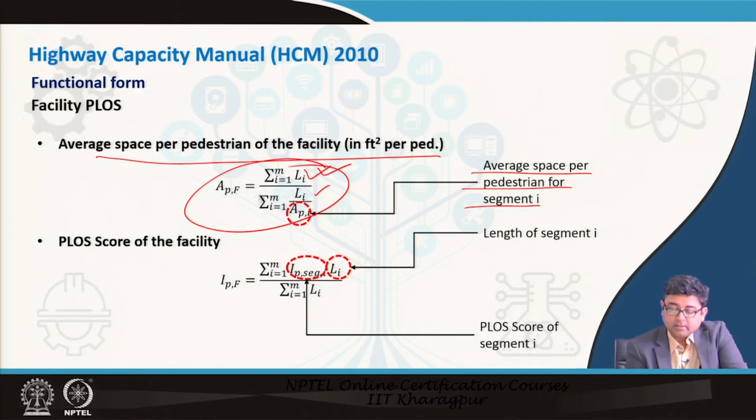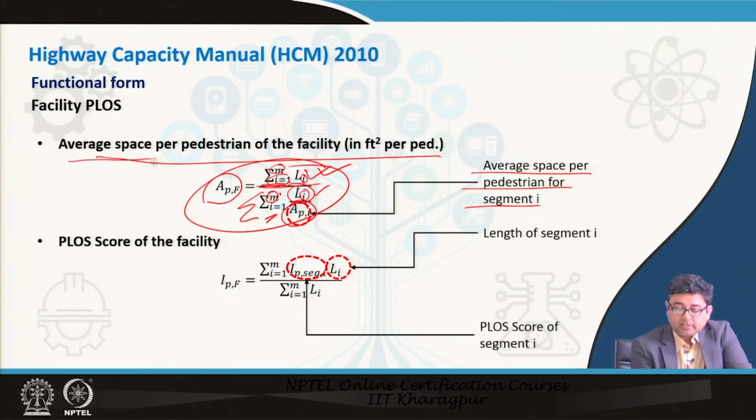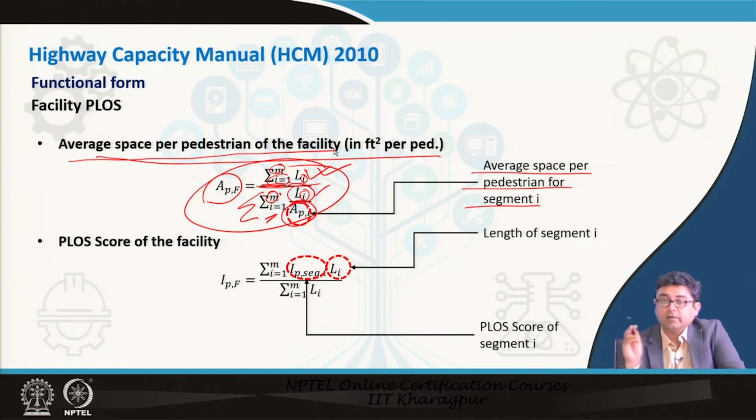So, this is length by segment divided by the area per pedestrian for that segment summed over all the segments i equals 1 to m, which is in the denominator, and then in the numerator it is the length of each of the segments summed from segment i equals 1 to m segments. Okay. That will give you the average space per pedestrian of the entire facility.